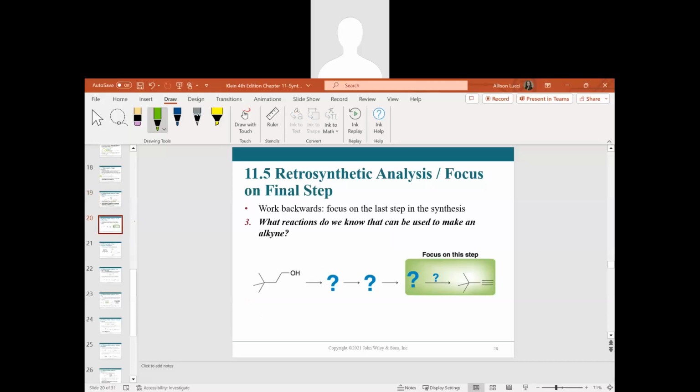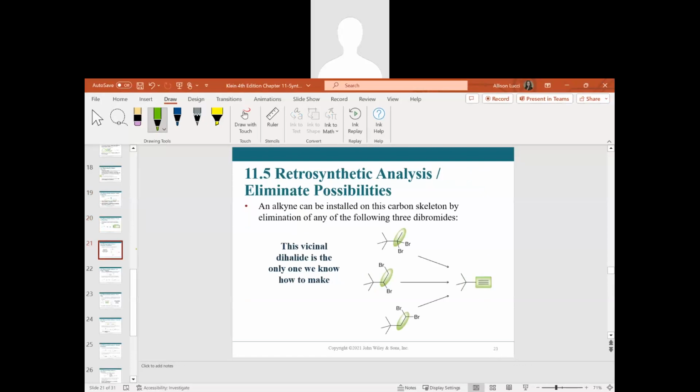So let's focus on the last step here. We need to think about what types of reactions can be used to make an alkyne. So we're going to focus on that last step first. We've seen that things such as vicinal dihalides, or geminal dihalides, we could create an alkyne.